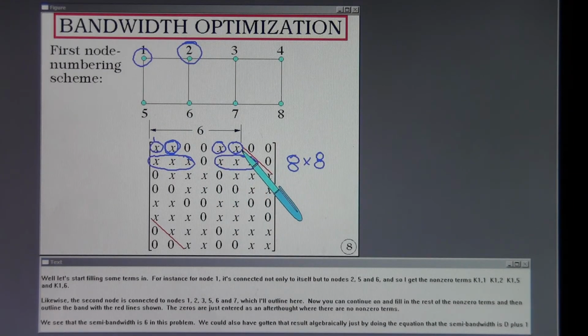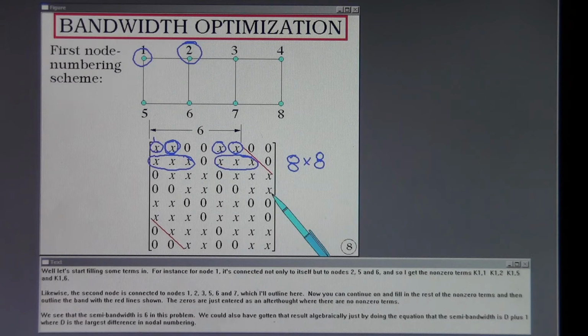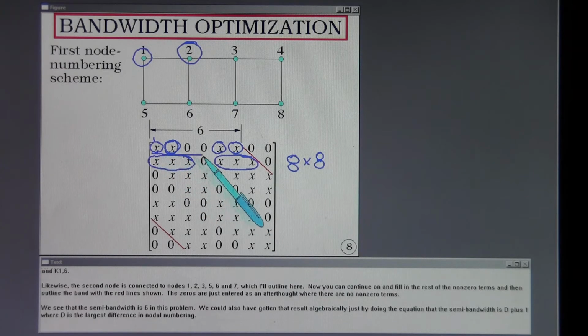Now you can continue on and fill in the rest of the non-zero terms and then outline the band with the red lines shown. The zeros are just entered as an afterthought where there are no non-zero terms. We see that the semi-bandwidth is 6 in this problem.